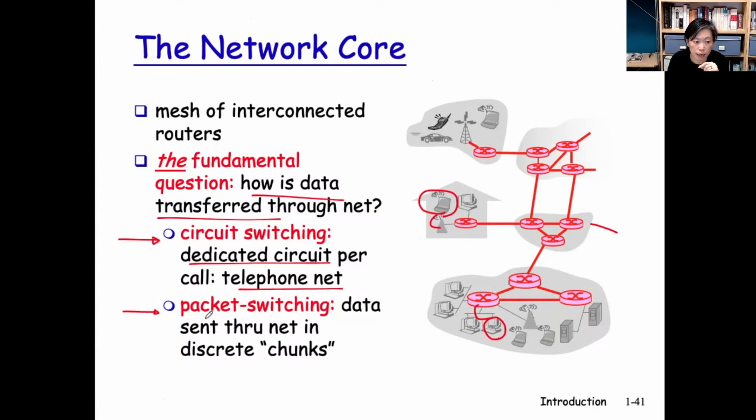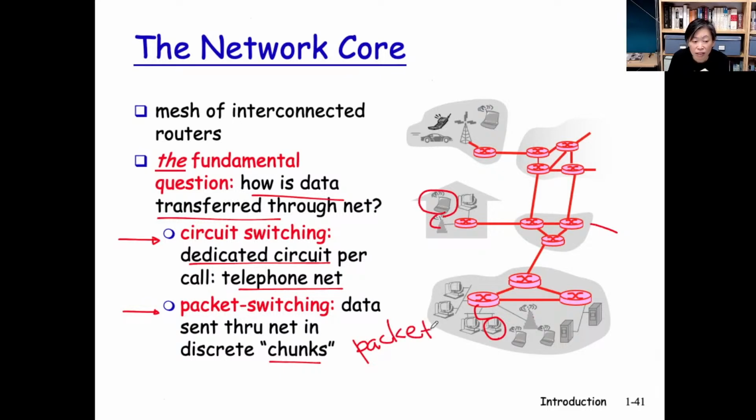The other technique, packet switching. Instead of allocating resources and creating a dedicated circuit, let's just use the entire link capacity and send data out no matter what. But we cut the data such that it's sent one chunk at a time. And to call such a chunk of data, we have this term called packet.